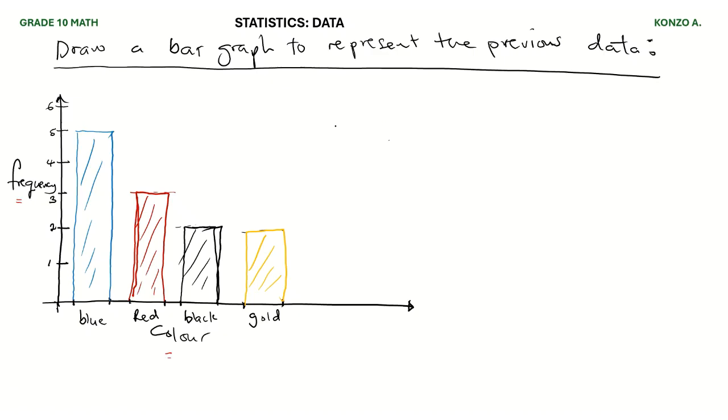Again, a bar graph would normally have a heading over here. You would want to put a heading of what it is you are drawing. So for my heading, for example, I want to say what it is that we're recording.